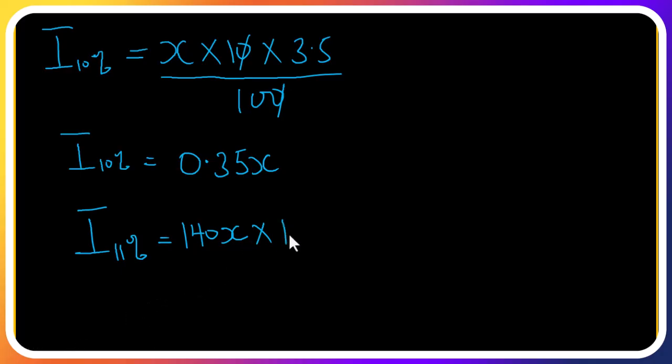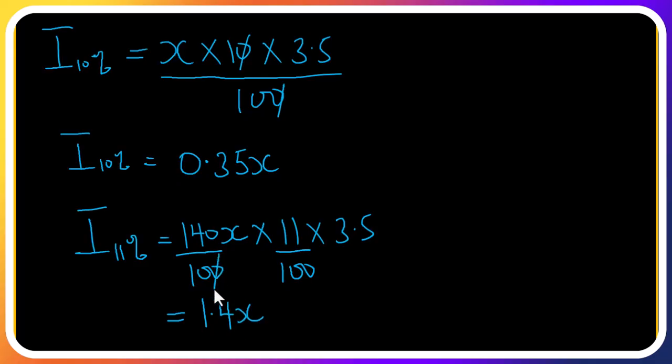The rate is 11, times time, which is 7 on 2, that is 3.5, the same time. Since 140 was in percentage, divided by 100, the rate is also in percentage, divided by 100. So in a simpler form, 140 on 100 is given as 1.4x, then 11 on 100 is 0.11, times 3.5.